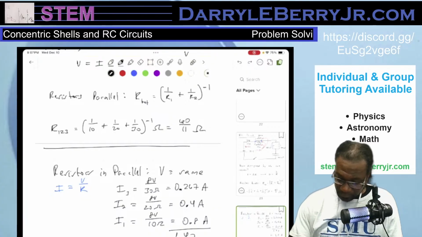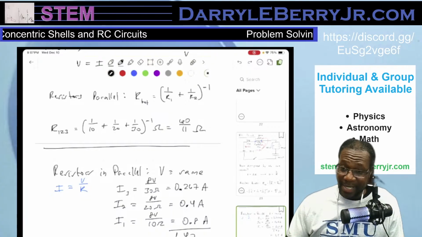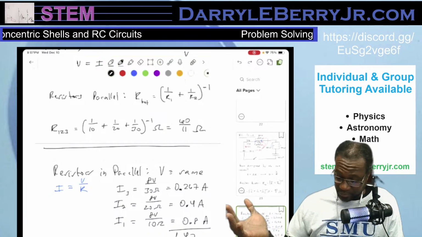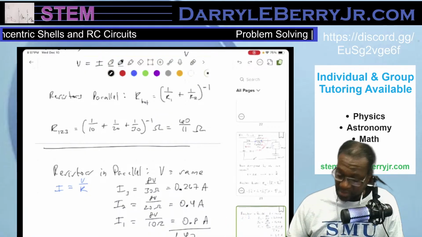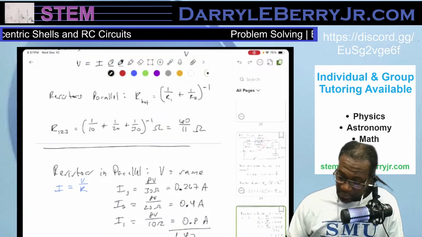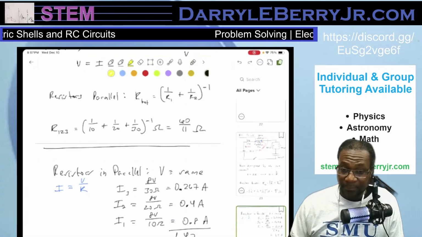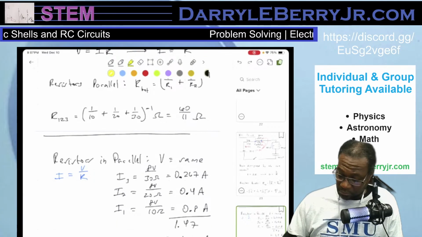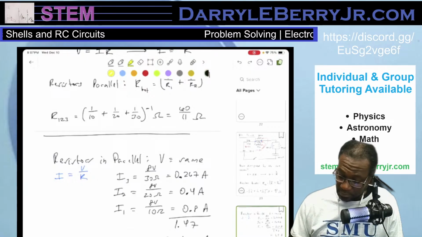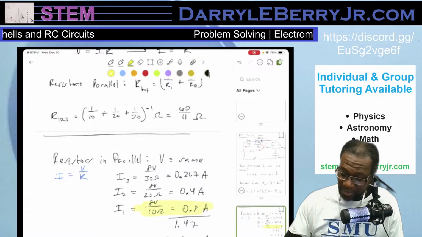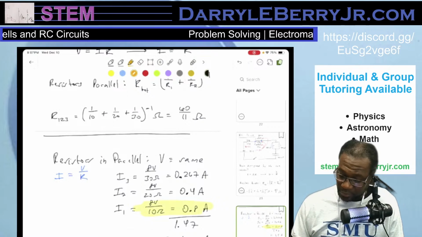So as we can imagine, the one that has the greater resistance is going to have less current going through it because there's more resistance to it. The one with less resistance is going to have more current. So as you can see, the 10 ohm one has 0.8 amps going through it.